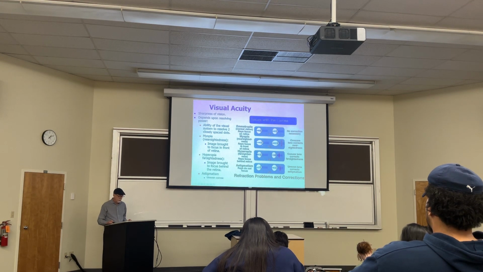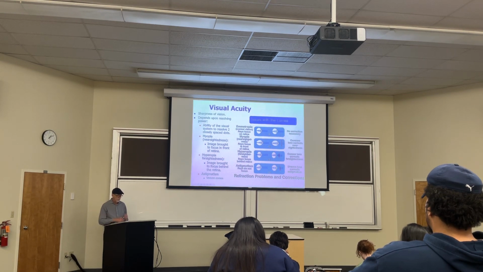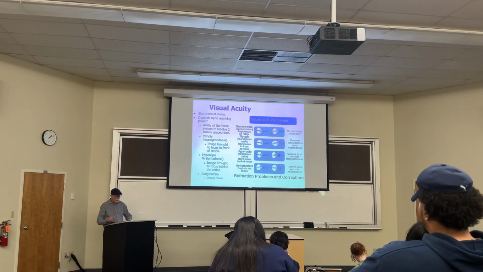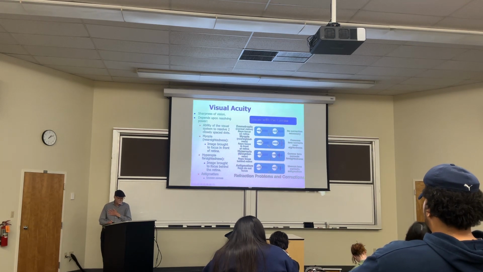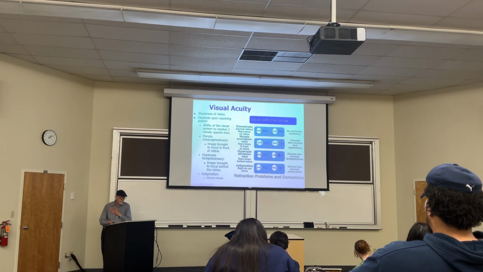Then under B here, we have myopia. Myopia is the most common type of eye problem in younger folks. And what happens here is the cornea is too long, and so refraction is too great, and it comes to a focal point in front of the retina instead of right on the retina.